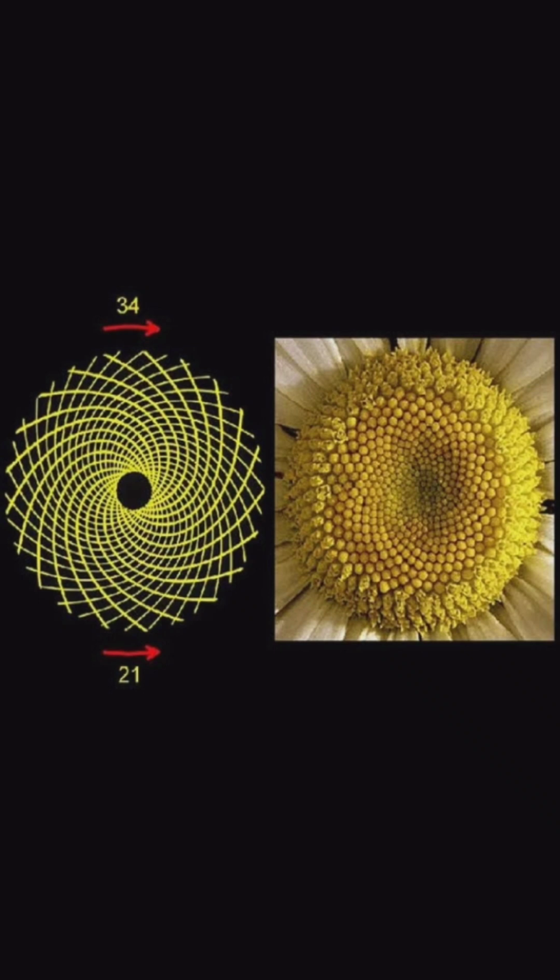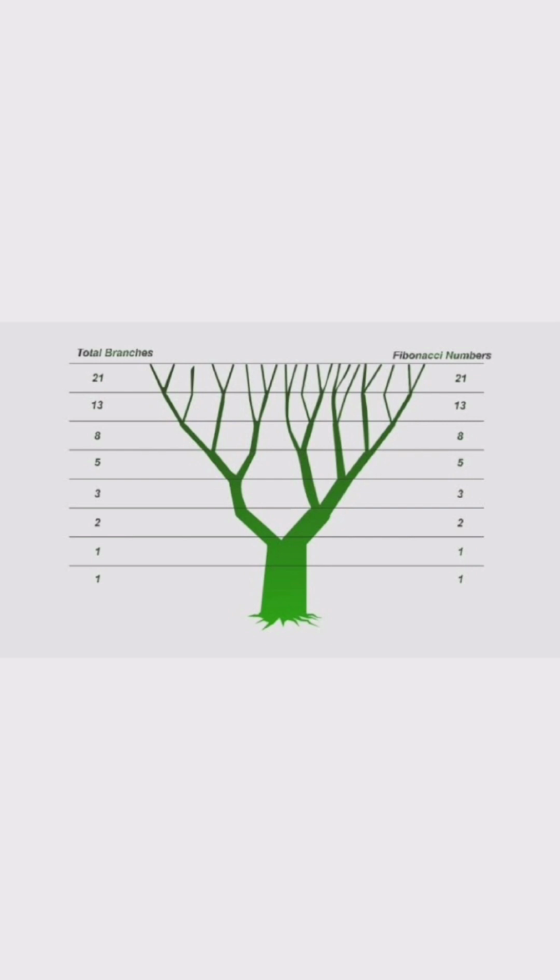Also, this Fibonacci series can be seen in various places, like for instance, the growing branches of a tree. If you observe it closely, this is how the tree branches would look. If we go ahead and count the branches, they are going to be in the form of Fibonacci series.